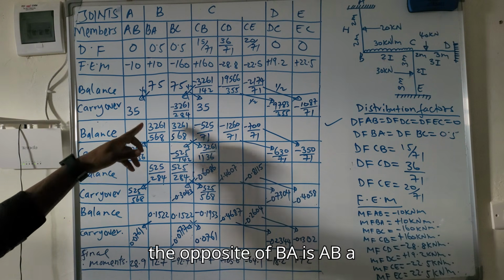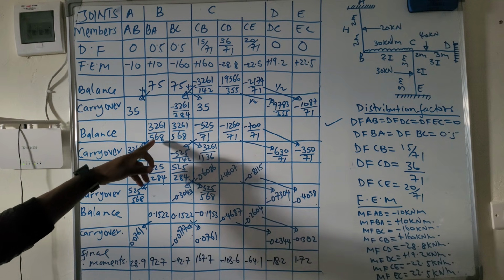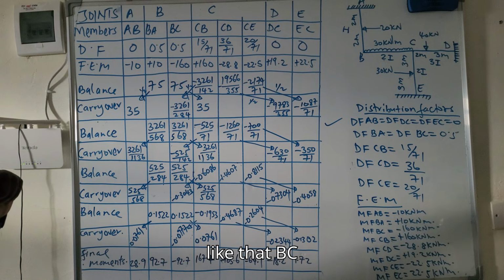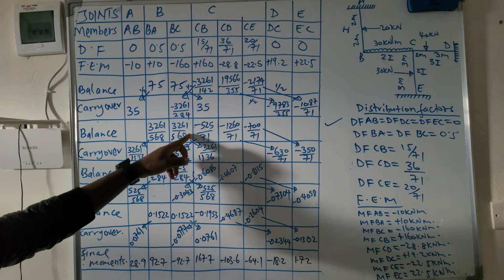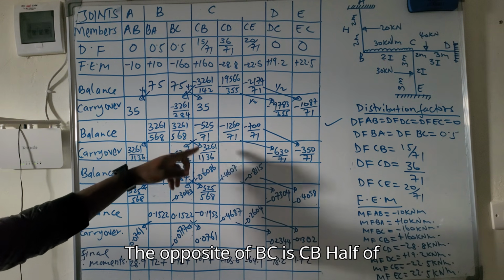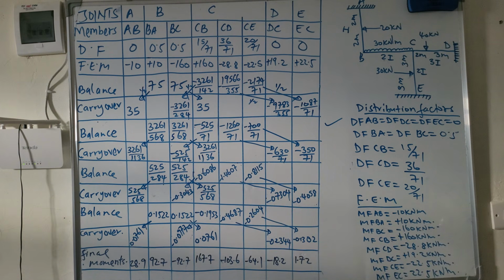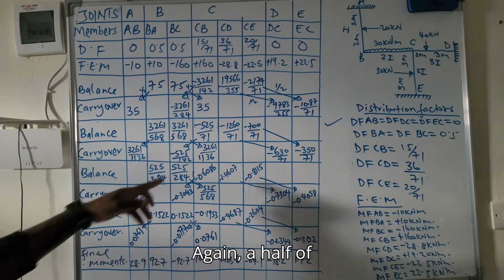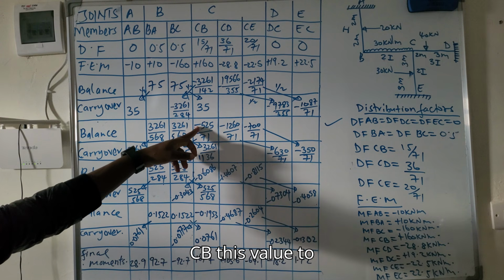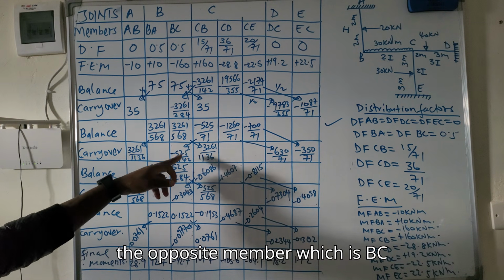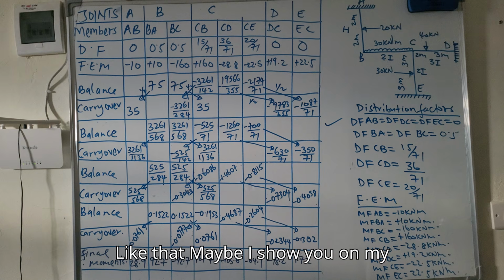So the opposite of BA is AB, a half of this to this joint, like that. BC, the opposite of BC is CB. Half of this value to the opposite joint. So this is the value. Again, half of CB, this value to the opposite member, which is BC, like that.